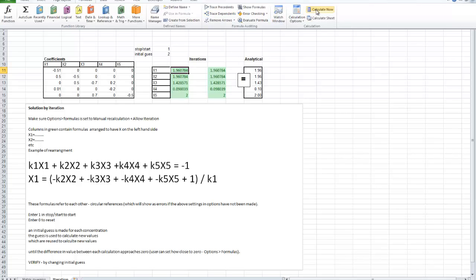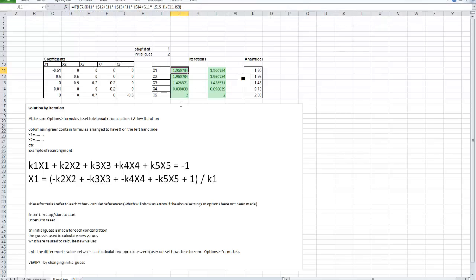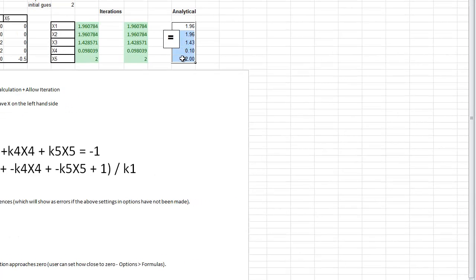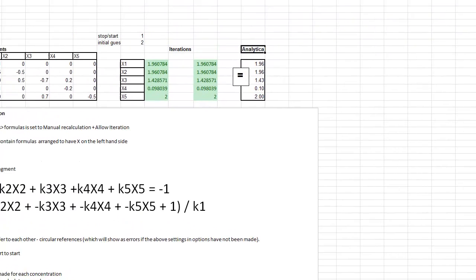And if we press calculate now again, the numbers aren't changing, so they've settled down, they've converged on the final answers. And I've copied in here the answers you got from your analytical solution, which was from matrix inversion, and you can see that you've got the same numbers.